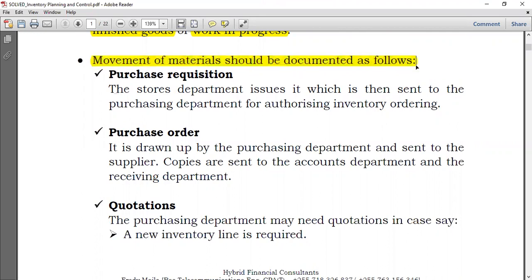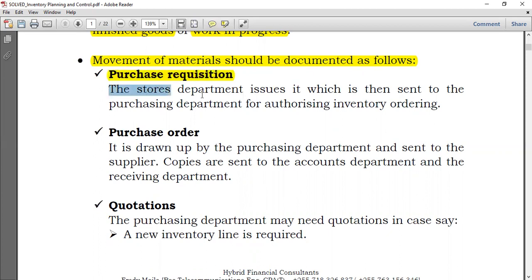Let's say you are a manufacturing company and you have materials. Now, how do materials move? First of all, if you need to produce something, you will need materials. So you prepare a purchase requisition. Who prepares the purchase requisition?